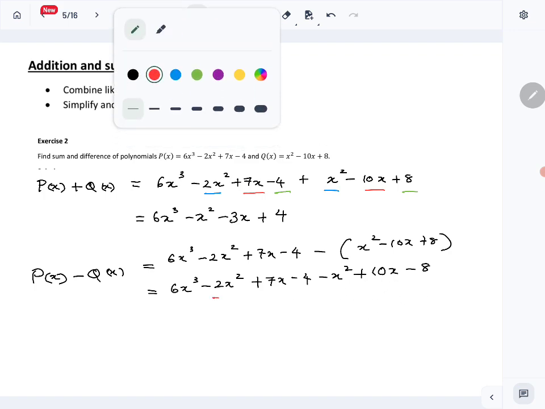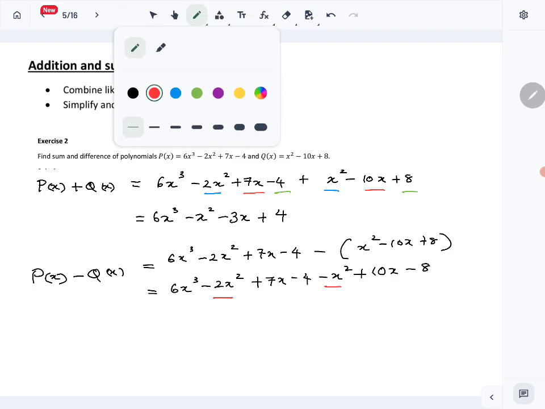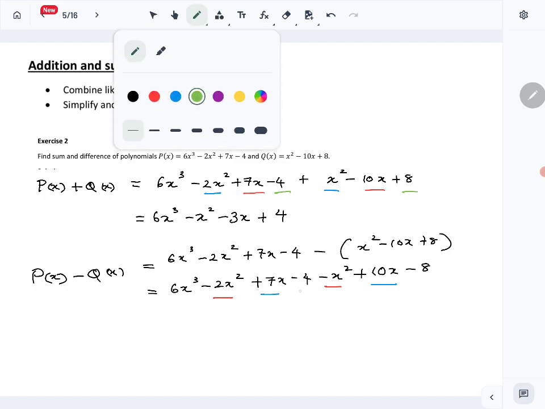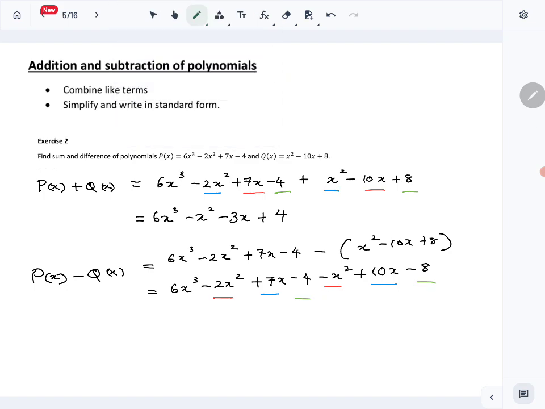So we have what? Minus 2x squared minus x squared, plus 7x plus 10x, minus 4 minus 8, the constants, right?